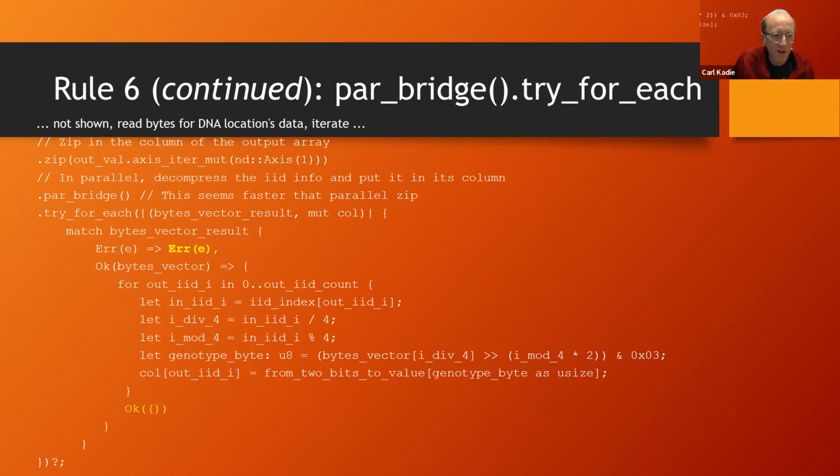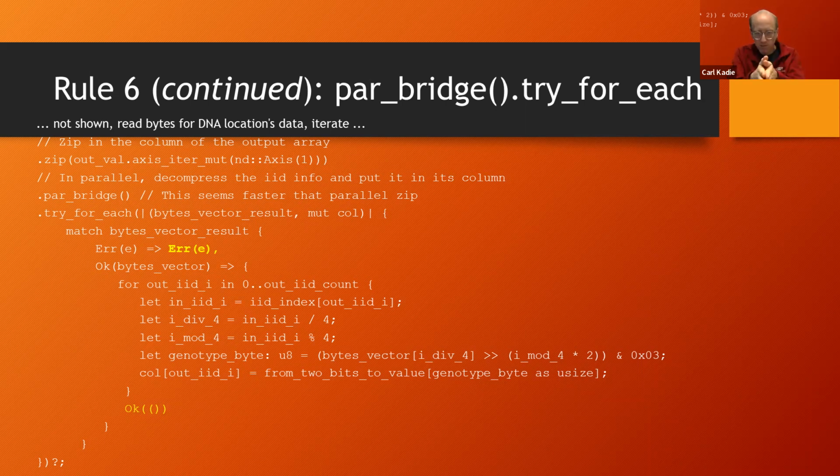So the first thing we're going to do is zip it with the columns of our output array. So now we're going to have a column of binary data and a column of our output array, and those will be zipped together.